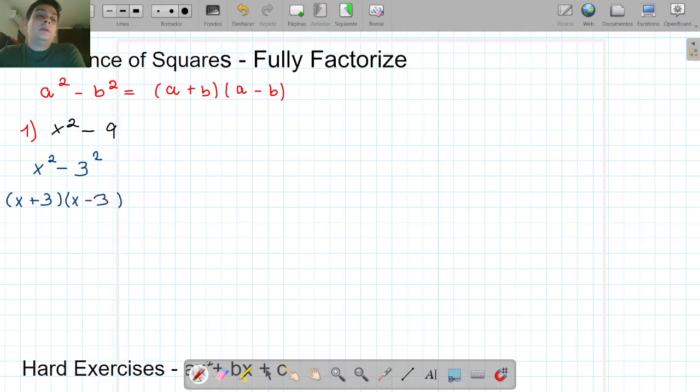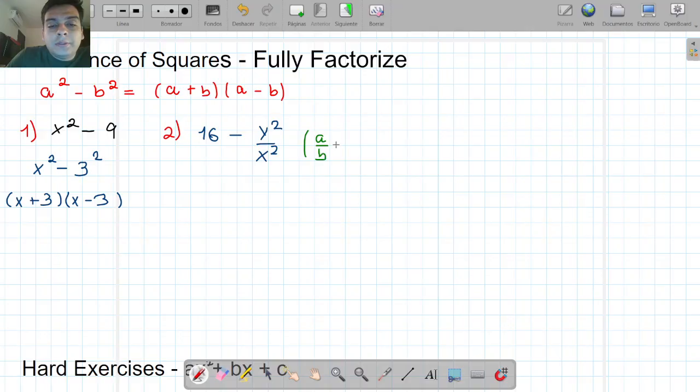Now, like everything in math, it's always going to get more complicated. So let's do something a little bit more challenging. What happens if you have something like 16 minus y squared over x squared? This type of exercise will challenge you because we have to remember some of the properties of exponents.